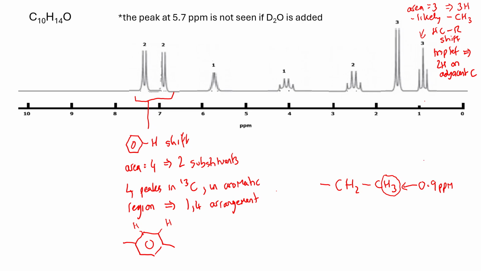Okay, so we can say that accounts for these 2 hydrogens here at 2.5 ppm. Does that fit? Well, yes it does, because it has an area of 2. So for this one we can say that it has an area of 2.